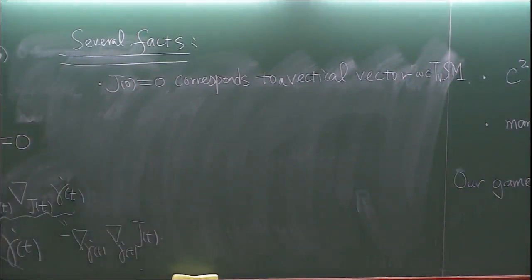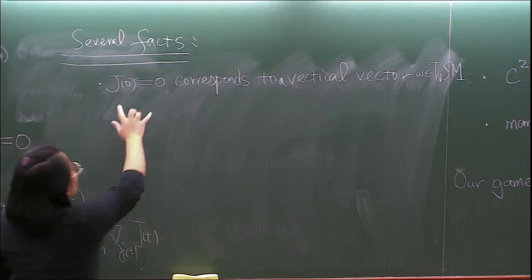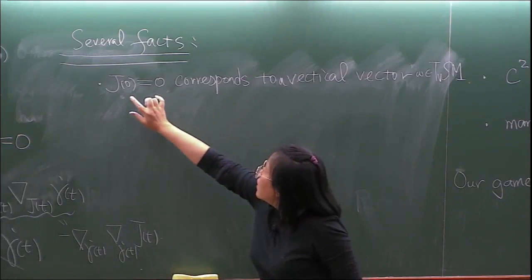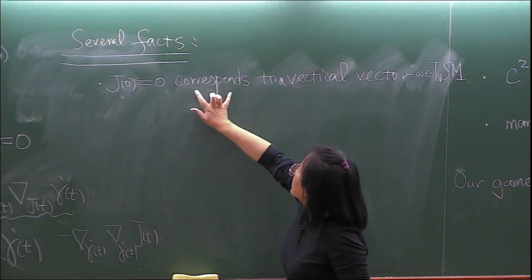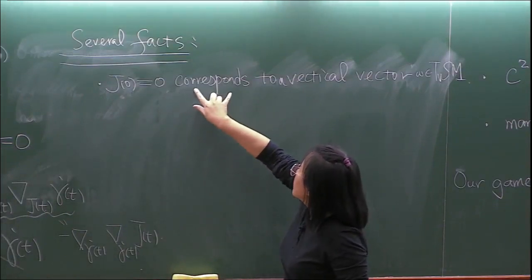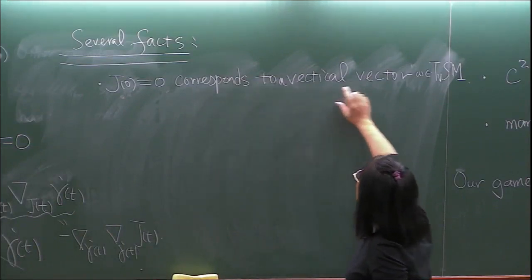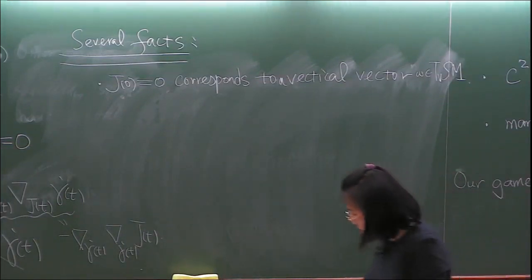If J_0 is not equal to 0, that means for this curve you only change the directions. So this Jacobian field, this J_0 not equal to 0, actually at the initial point, this will correspond to the vertical vector, okay?